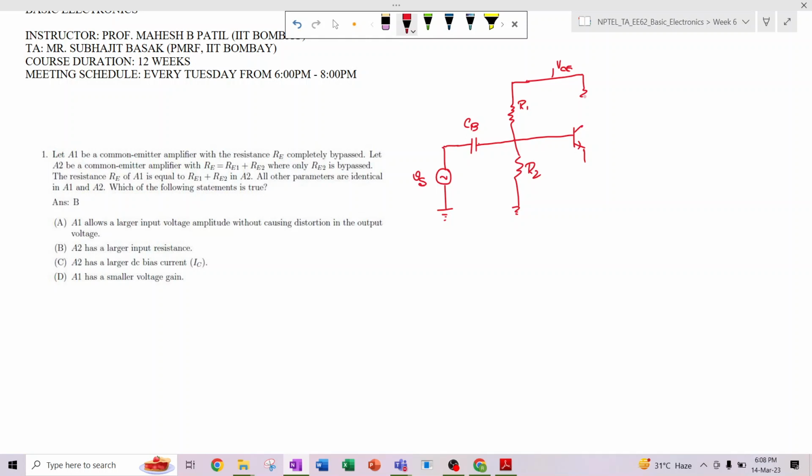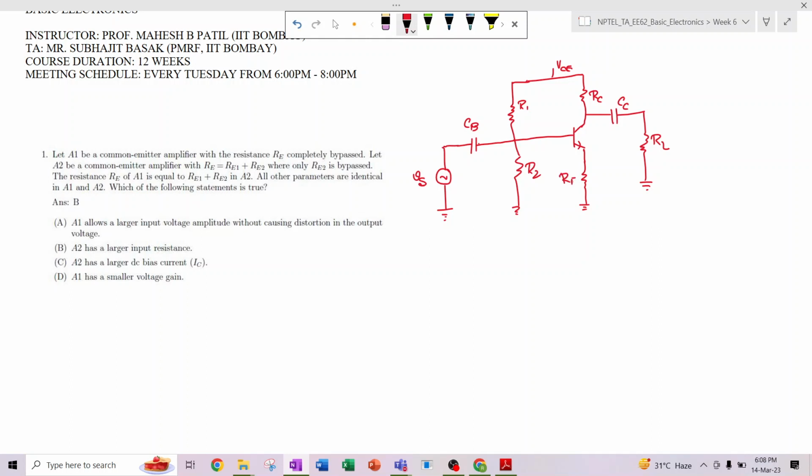So here we have RC, that is the collector resistance, and here again we put a coupling capacitor which is nothing but CC, and across it we put a load which is RL. And here we put an emitter resistance, this is RE.